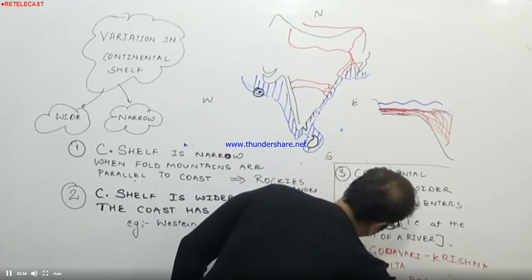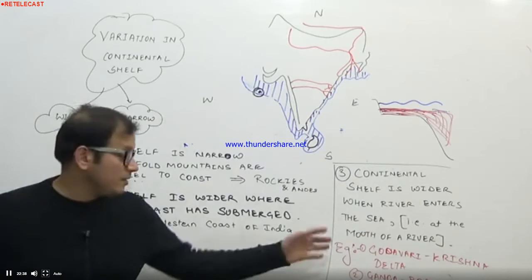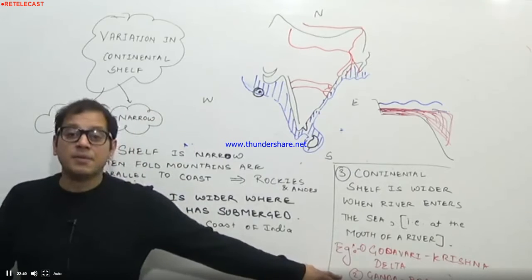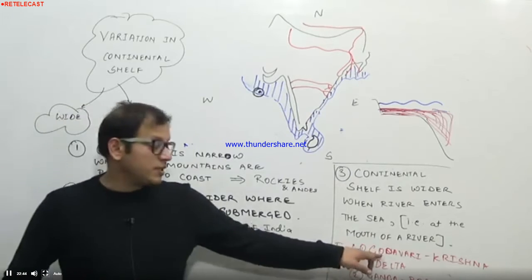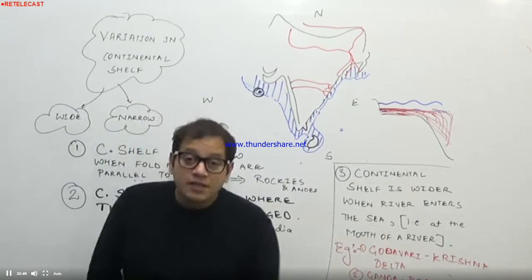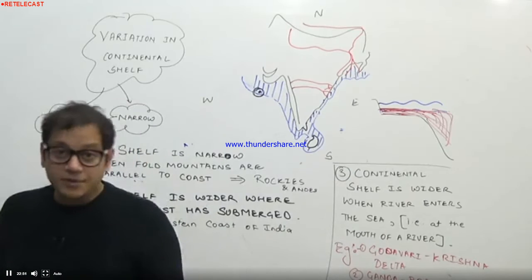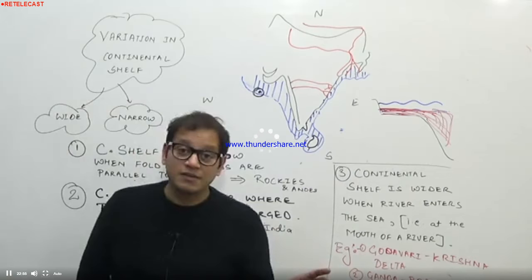I have written here Ganga and Brahmaputra delta, in case it is not visible to you in the video lecture. So it is the Krishna Godavari delta and the Ganga Brahmaputra delta. If the river is entering the sea, the continental shelf is wider.